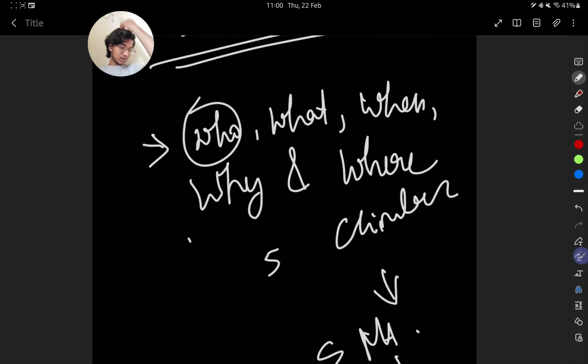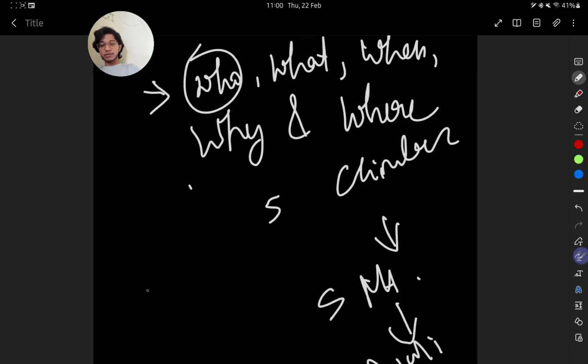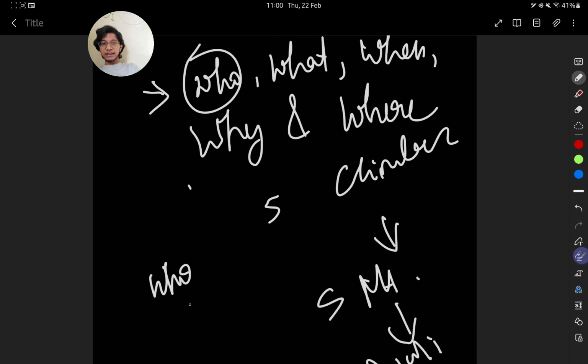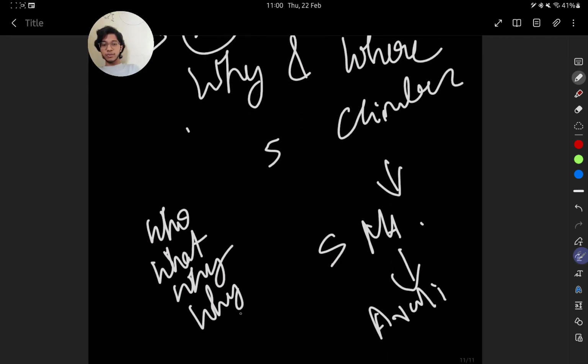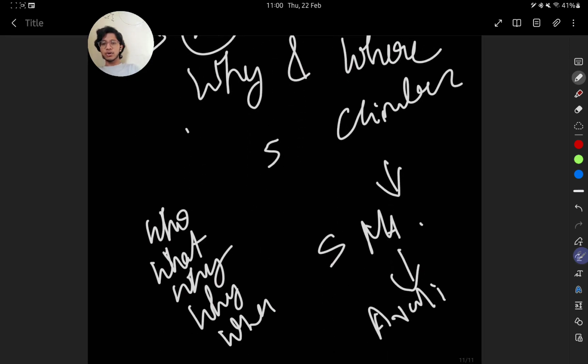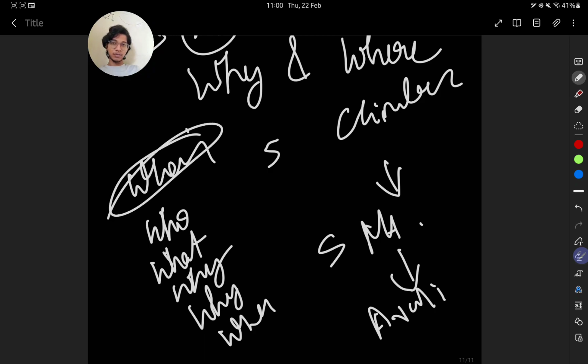So you can place them depending on the scenario. It can be that first comes who, then what, then where, then why, then when. Or who, and when is like the time, you can give it anywhere.